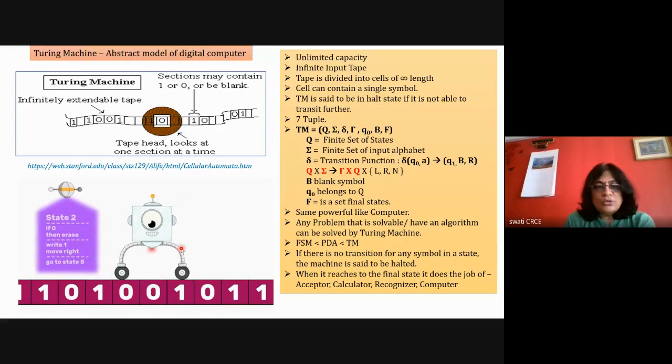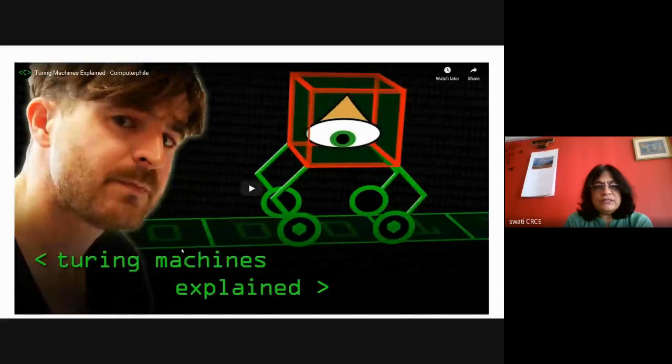Now we'll see, with the help of some animation, how the machine is working.